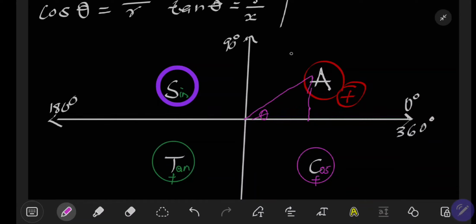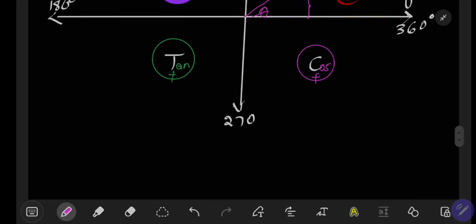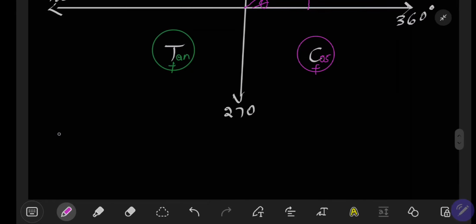This angle has to be 90 degrees minus theta, because theta lies between 0 and 90. It must never be equal to 90, but theta must be between 0 and 90. So for the first quadrant, we have 90 degrees minus theta. That is the restriction there.